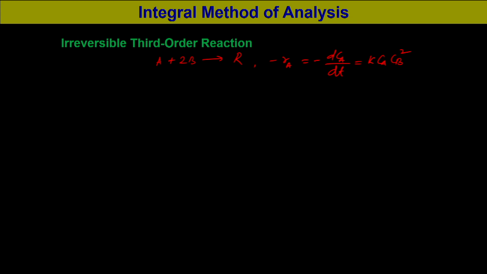Now, same thing we can write in terms of the conversion, which is dX_A by dt would be equal to k C_A0 squared into (1 minus X_A) into (M minus twice X_A) squared.